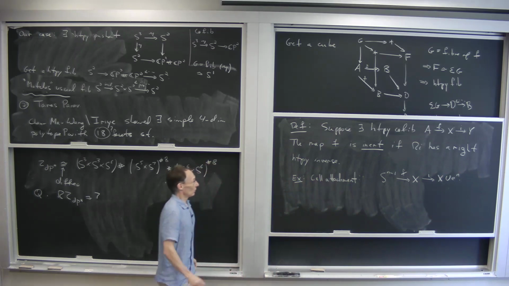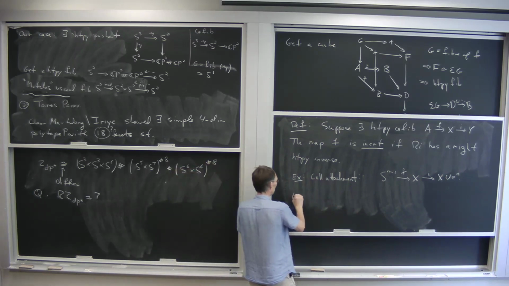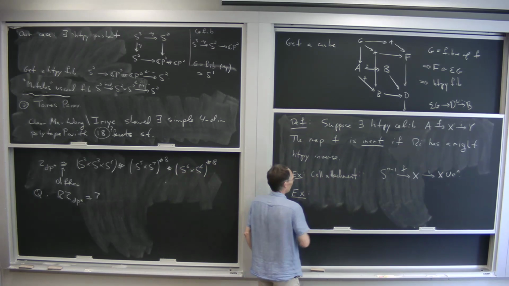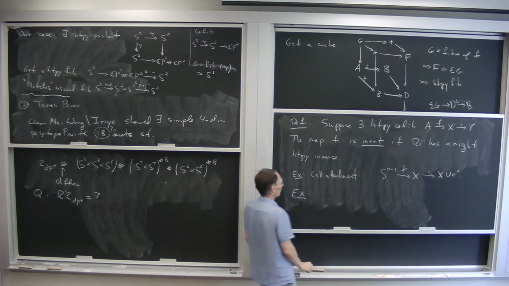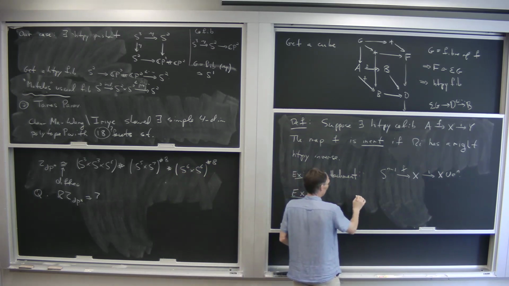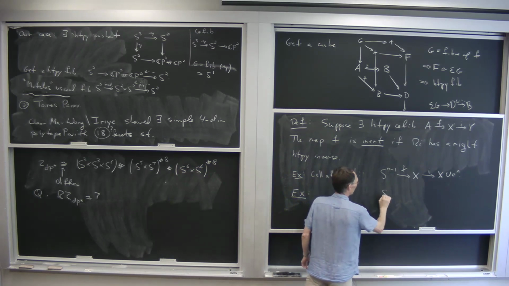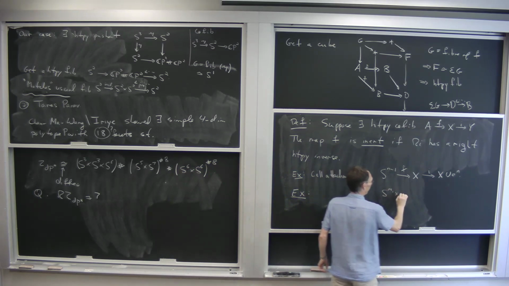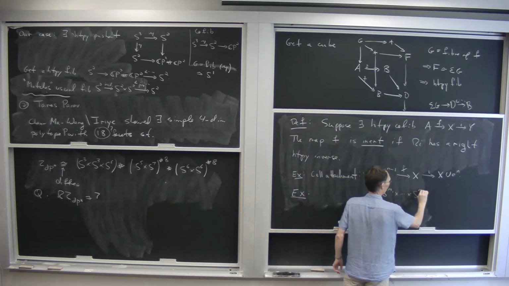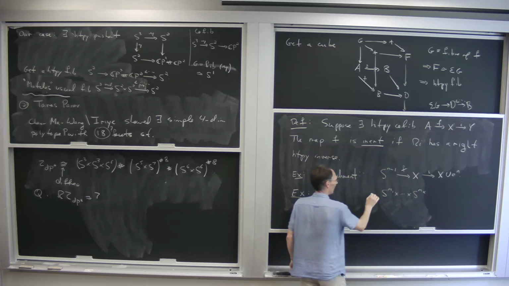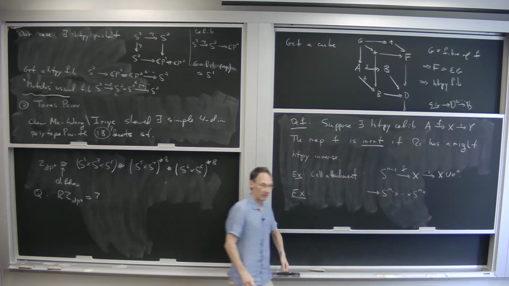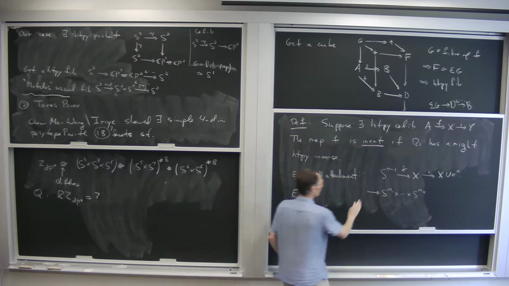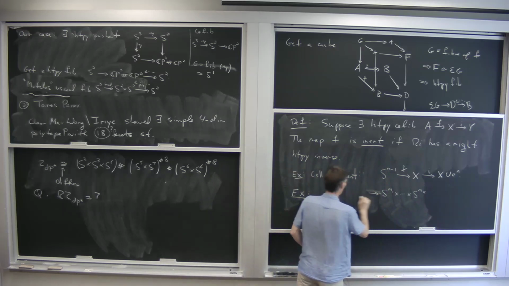Okay. So for example, if you look at something like a product of spheres, and you look at the map that attaches the top cell to that, so you would attach that to some fat wedge.